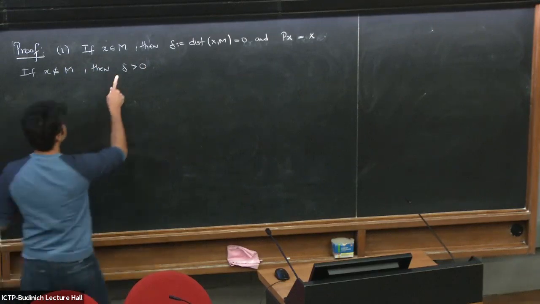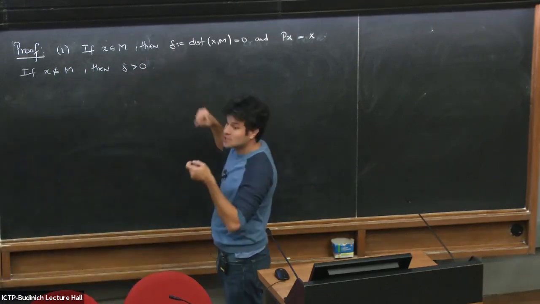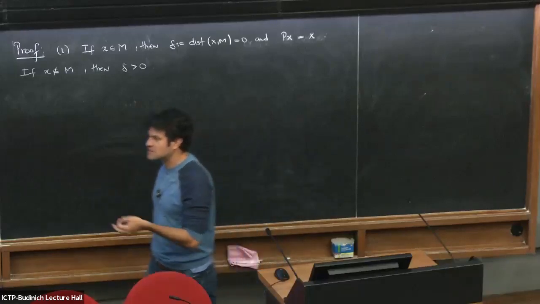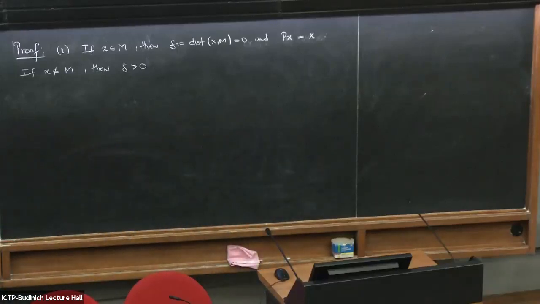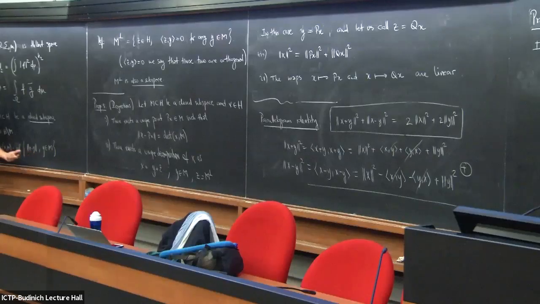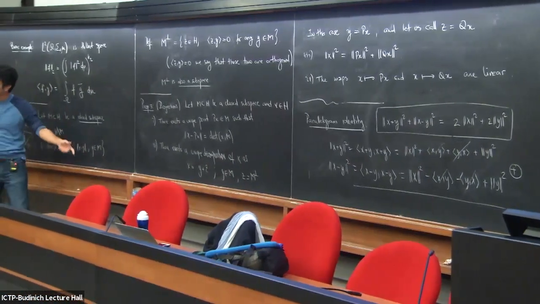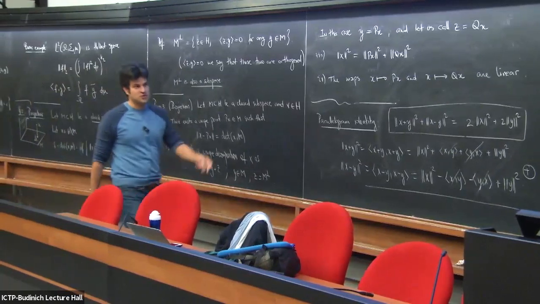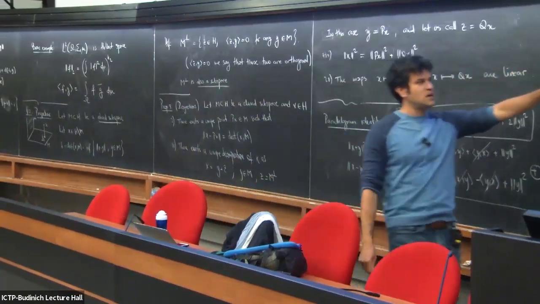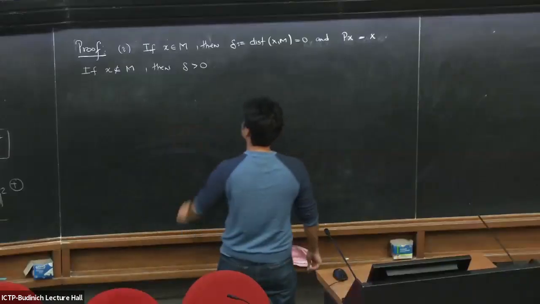If the distance were 0, remember, the distance is the infimum, so you could find a sequence of points y in the space such that the norm of x minus y would approach 0. In other words, these y's would converge to x. Since it's a closed subspace, x would have to belong to the subspace, which is not the case. So if x does not belong to the subspace, then this distance is bigger than 0.